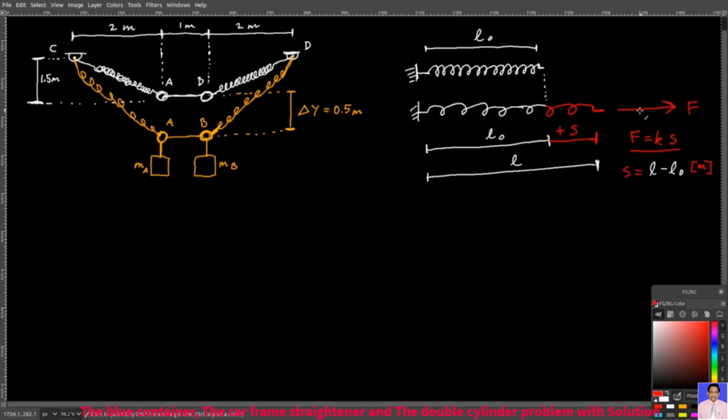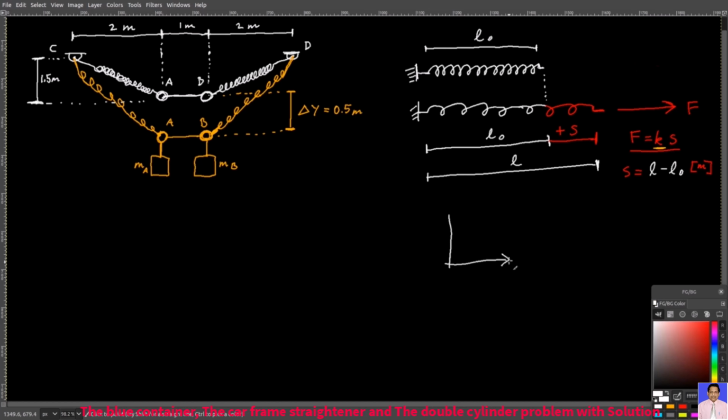Since we have a tension force, by convention, S is positive, which makes sense because if this is 4 and this is 5, then 5 minus 4, well, that's positive 1. And then this K here, it's the spring constant, and its value depends on the spring. Different springs have different Ks. Mathematically, it's simply a proportionality constant.